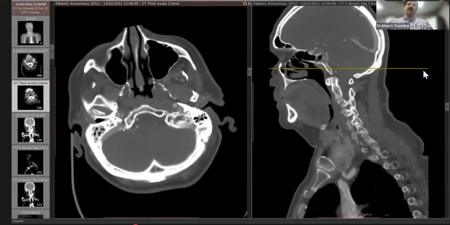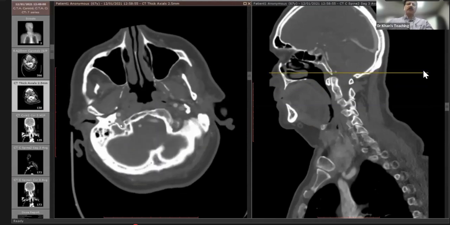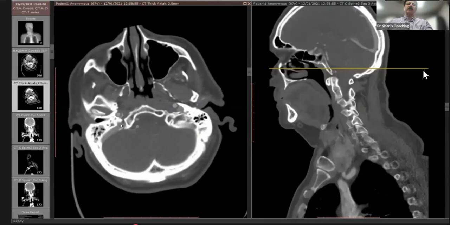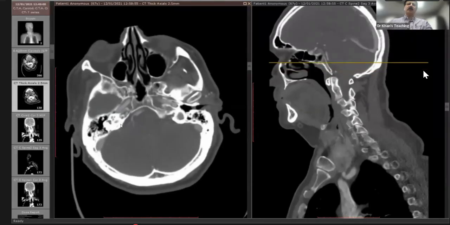One point to remember here is that when we cover the temporal bone or the middle ear cavity, just remember that the jugular foramen is inferior to the level of the middle ear cavity, so it indirectly forms the floor. But there are normal variants in which it will be at a slightly higher level.